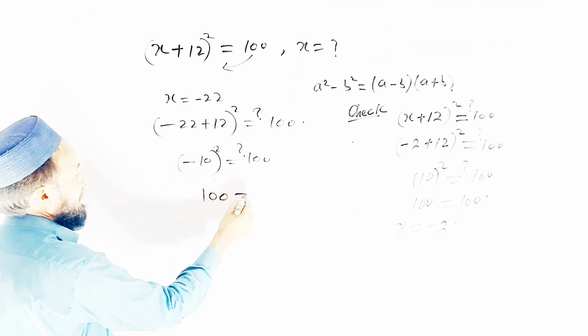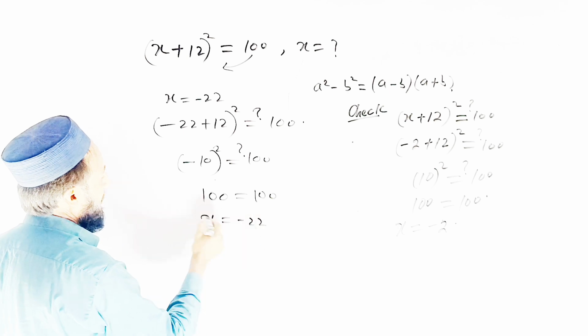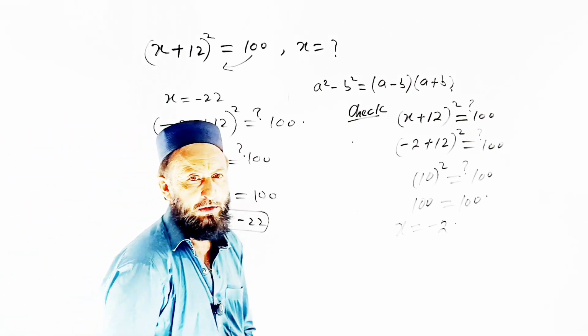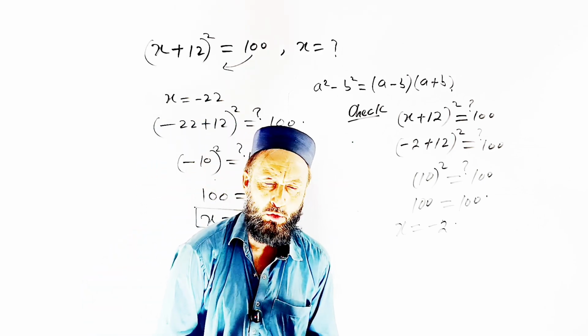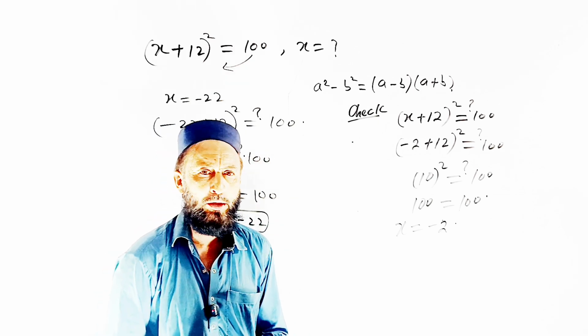So the result is 100 is equal to 100. So the other root, x is equal to minus 22, is also satisfied. It means that the quadratic equation is given, the degree of the variable is 2, so we get two results, two roots.